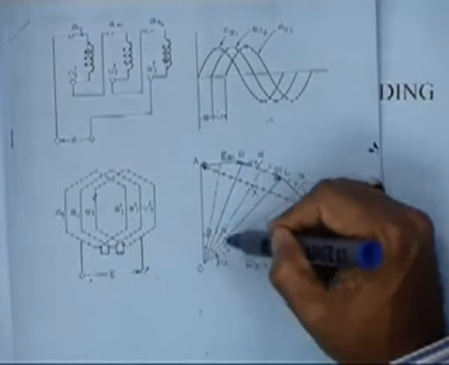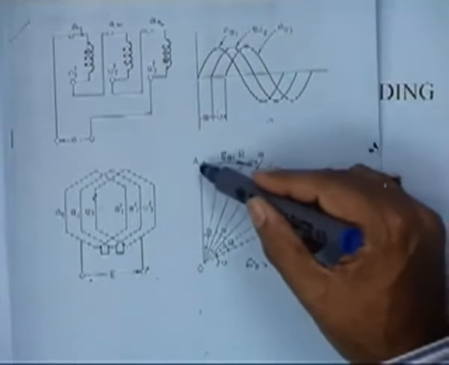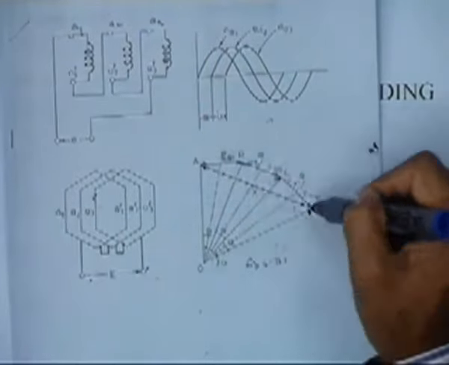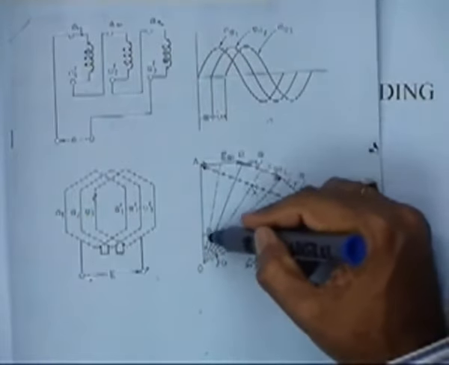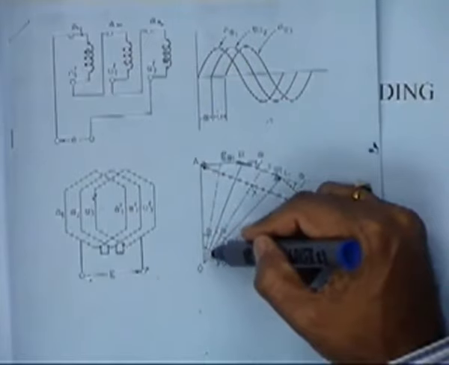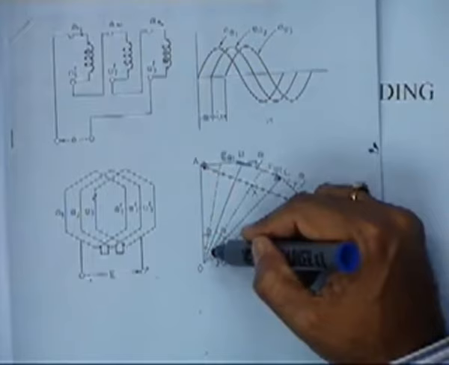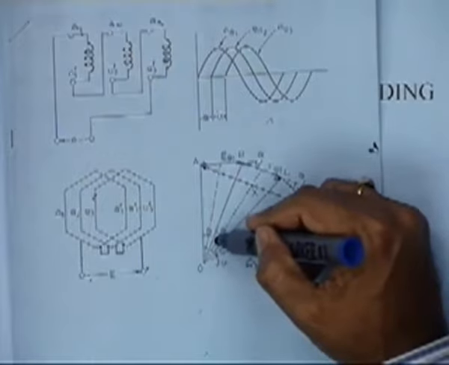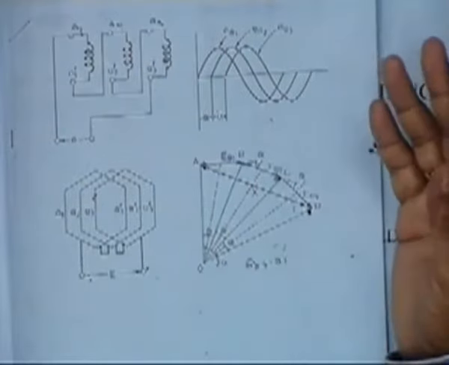It is possible to prove that AD will be proportional to sine of 3 alpha by 2, where 3 is the number of coils connected in series. It could be any number, let's say m.